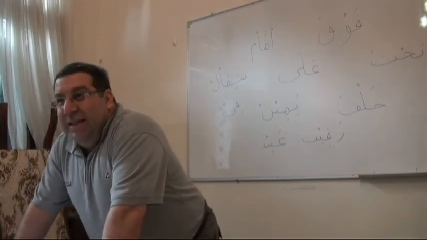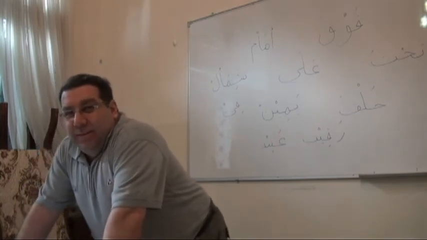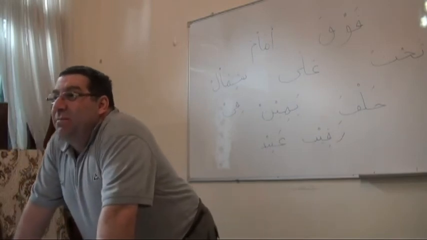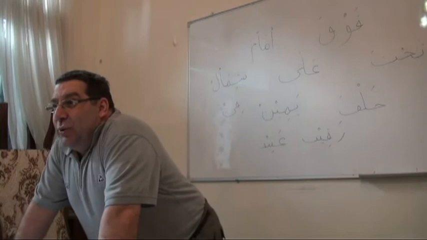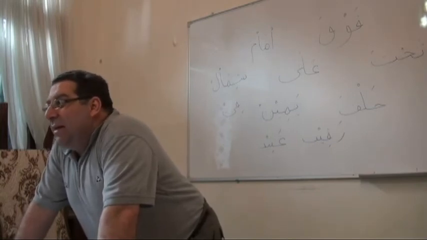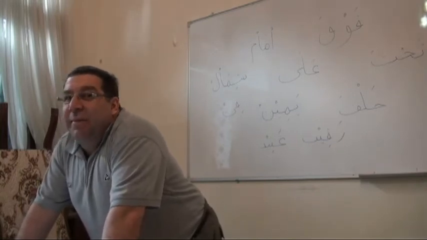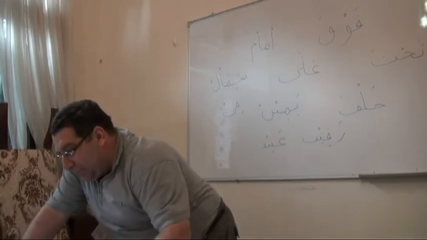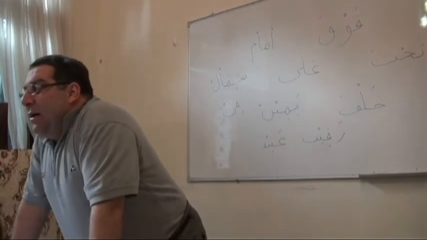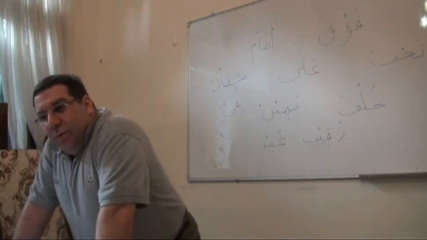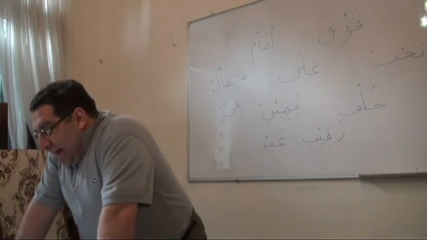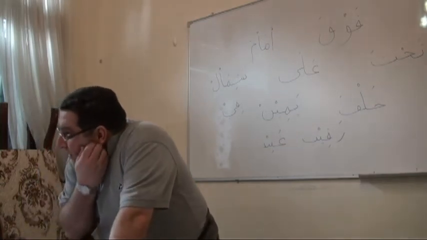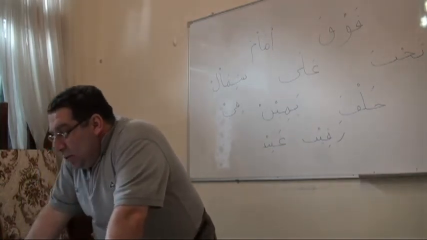We have to add the ta. Okay? So here, Suri means masculine Syrian. Suriyatin or Suriyatan, we add the ta, so it is feminine Syrian. Okay? Again, سعره 300 ليرة سورية.